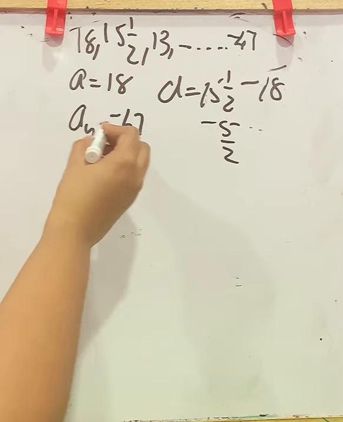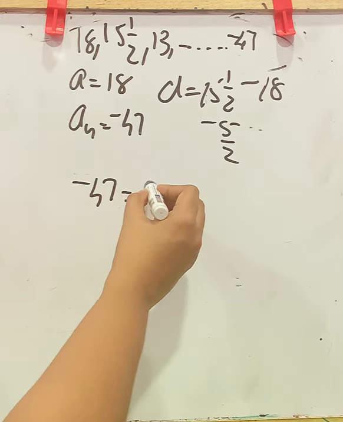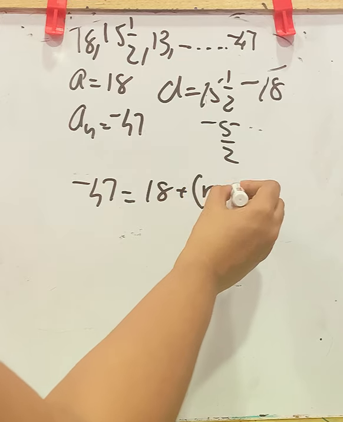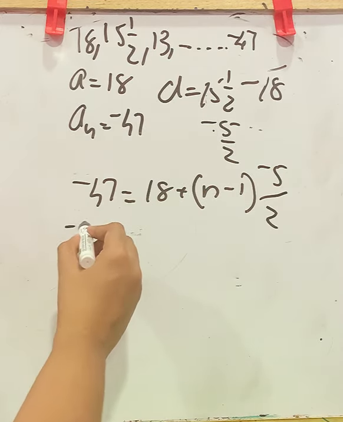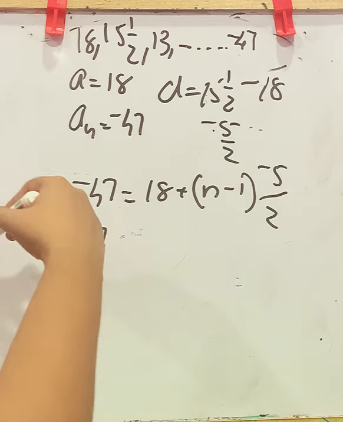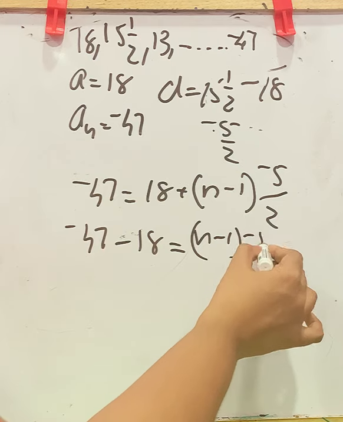So here an, that is negative 47 equal to a plus n, we don't know n, (n minus 1) into d, d is negative 5 by 2. Here negative 47, 18 taking to the side, minus 18 equal to (n minus 1) into negative 5 by 2.